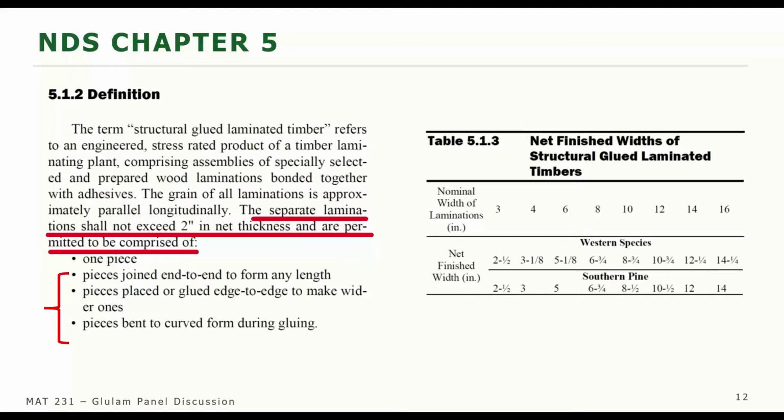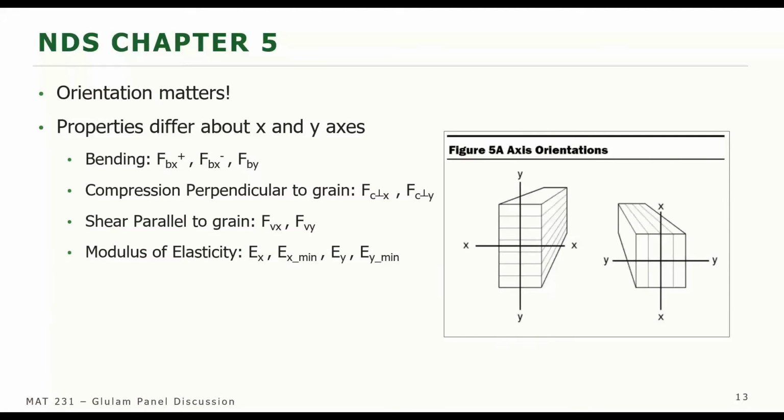And in this table here, Table 5.1.3, we show some typical net finished widths of Glulam timbers. And you can see for the western species and southern pine, there are some slight variations. So if you're unsure of what your local supplier might have available, you might want to give them a call before you start specifying to make sure that you're choosing the correct size and the correct species for what's readily available.